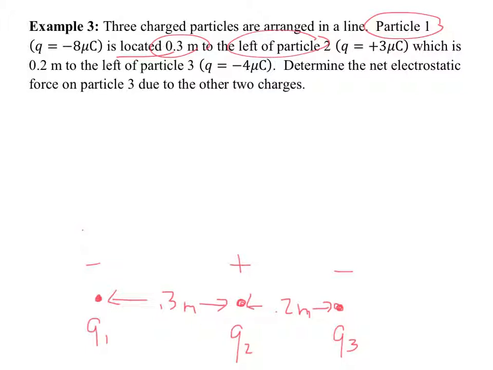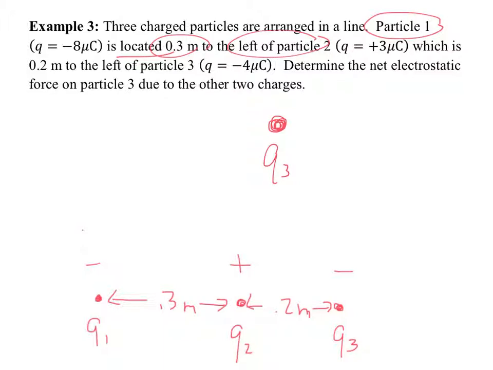On particle 3. So when you hear determine the force on an object, we need an FBD. So let's draw particle 3 by itself up here. Free body diagram. What did we say particle 3 feels from particle 2? A pull. Good.